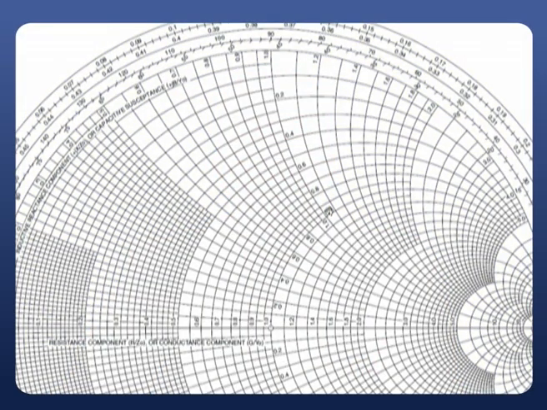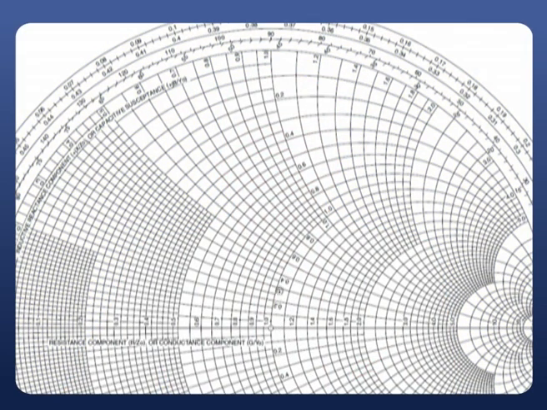And the second step is to draw a circle with O as center and OZL as radius. Always take a compass and draw a circle with O as center and OZL as radius. That particular circle is said to be the constant gamma circle.